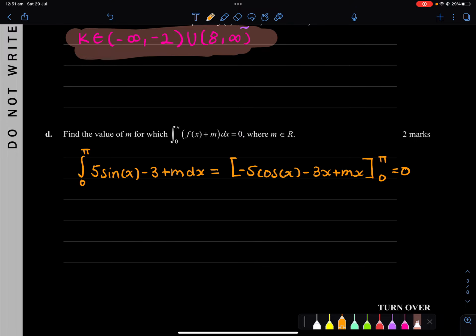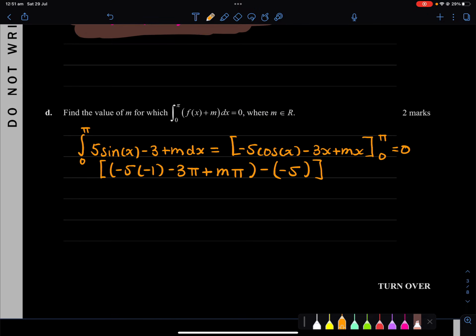Now, finishing this off, negative 5 cos of pi, if I'm not mistaken, is negative 1. So we put a negative 1 here, minus 3 pi plus m pi, minus, if we put a 0, it'll be negative 5 for cos 0, and close bracket. Simplifying this, it will equal 5 minus 3 pi plus m pi, oops, I forgot to equal 0 here, plus 5 equals 0.